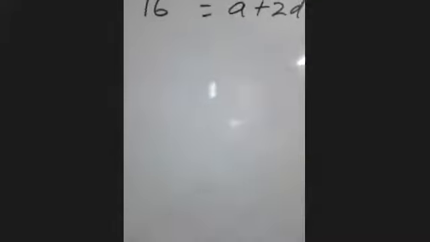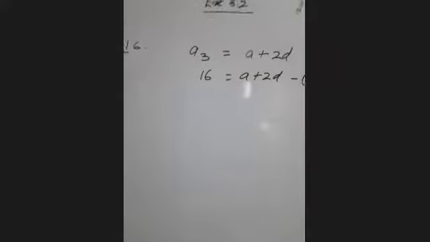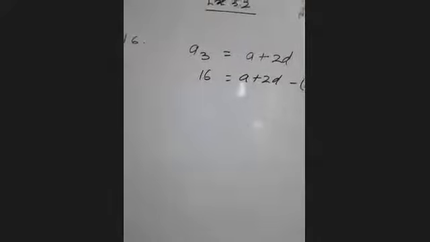A3 equals a plus 2d, and it is given 16 equals a plus 2d. So I am putting that as equation number 1. For the other two terms, it says the seventh term exceeds the fifth term by 12.